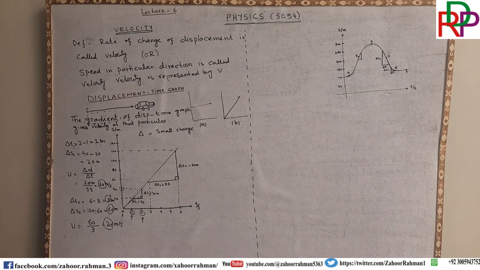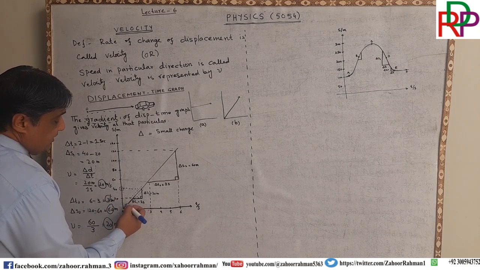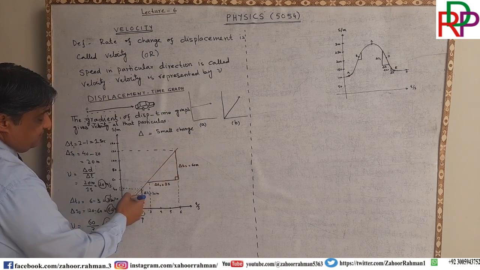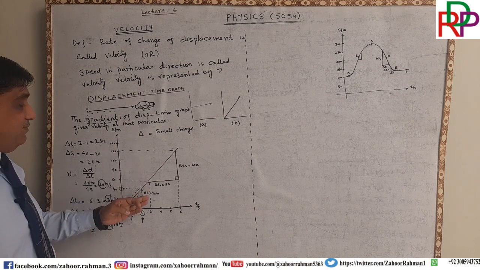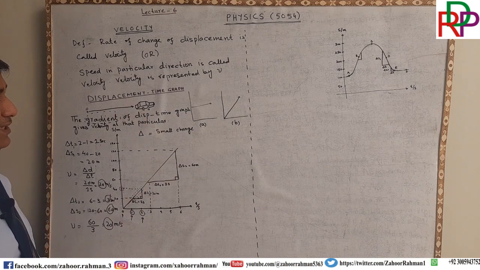So when we are getting a uniform, straight line, it means that it is showing uniform speed. It is uniformly increasing, not variably.